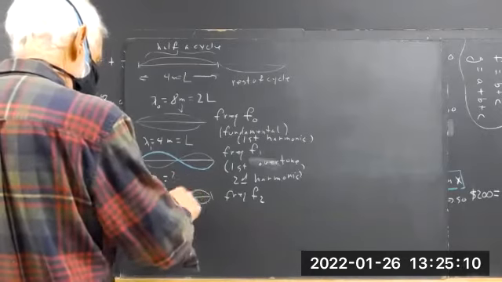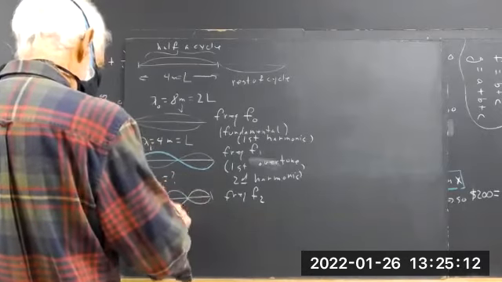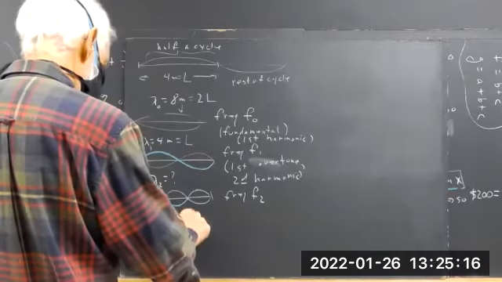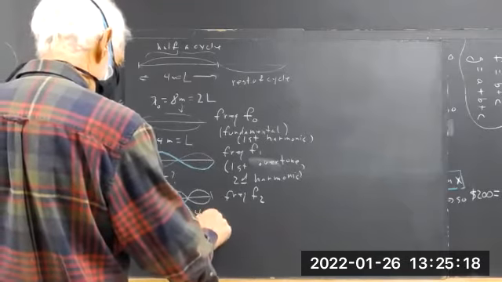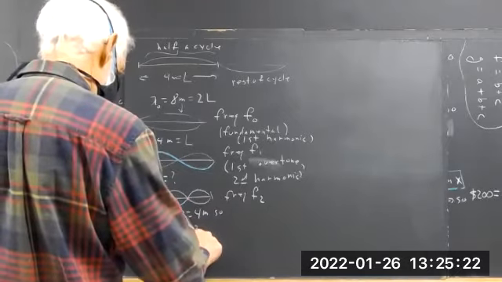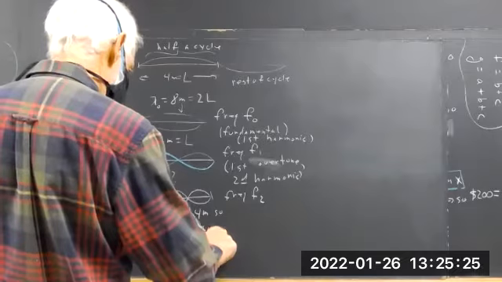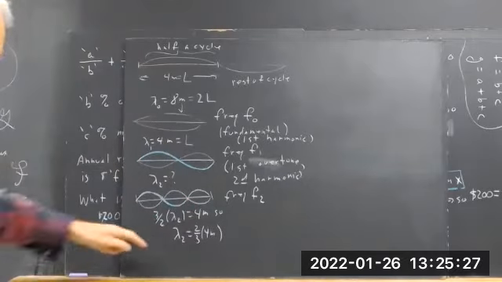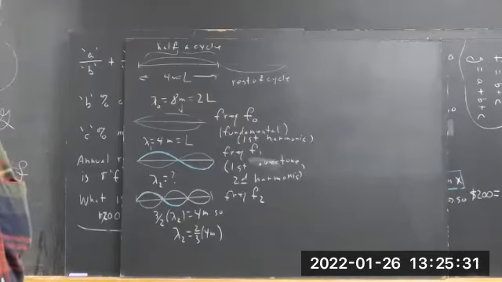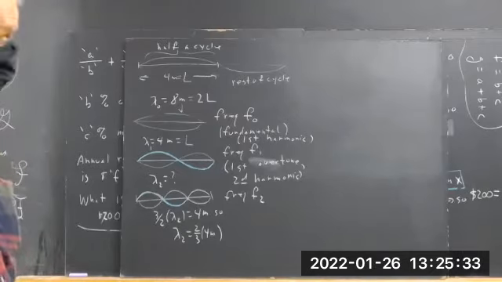And what you see is that lambda 2 is going to be 2/3 of your 4 meters, 8/3 of a meter. Okay.